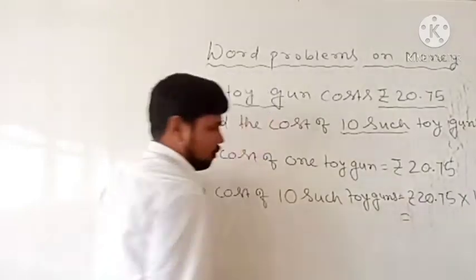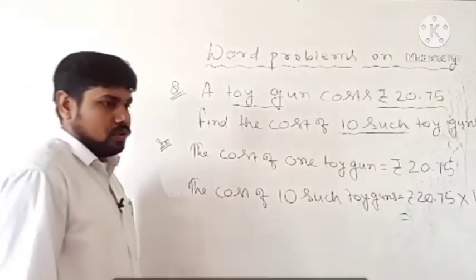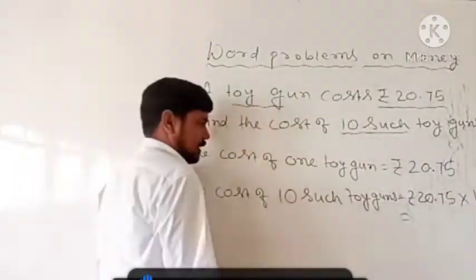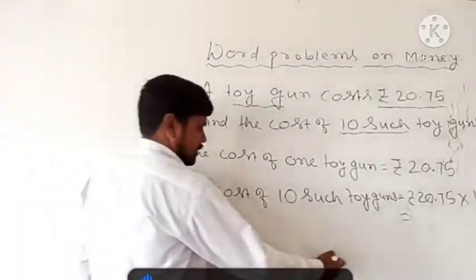If you multiply this, just one zero will be added after this, or you can do the multiplication here also.